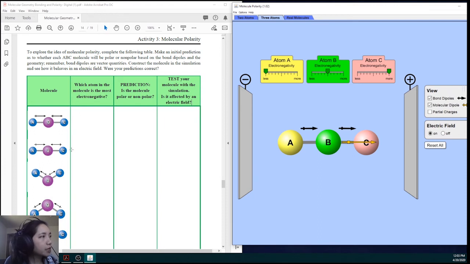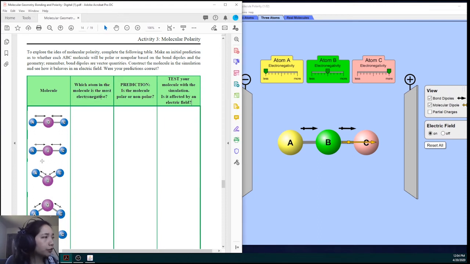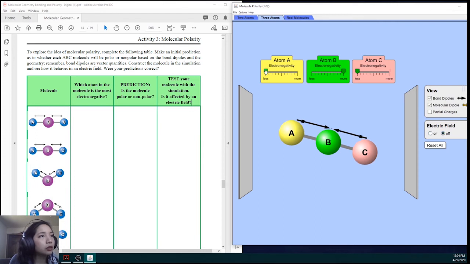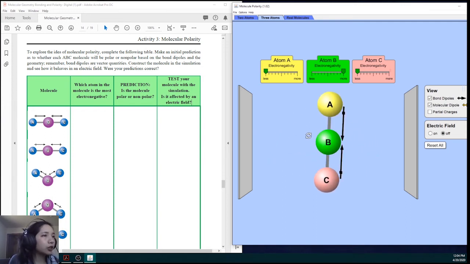So we have A, B, and C. Which atom is the most electronegative? So again, the arrow always points to the most electronegative atom. So I'm going to draw this. Okay, so here is that second molecule.